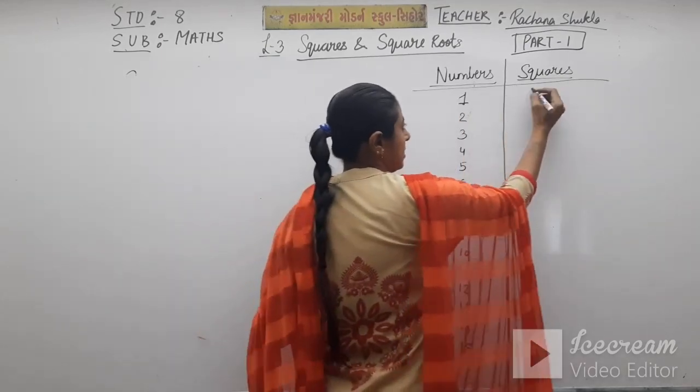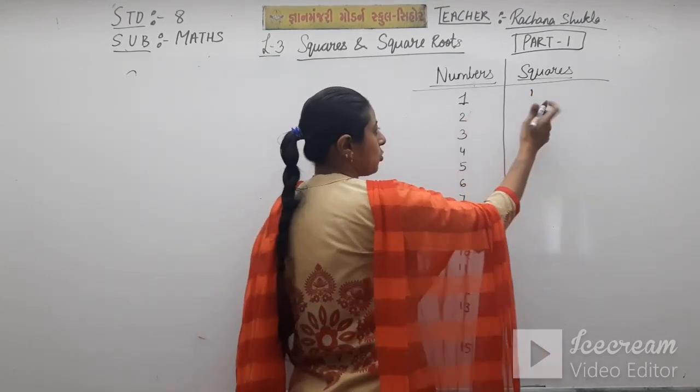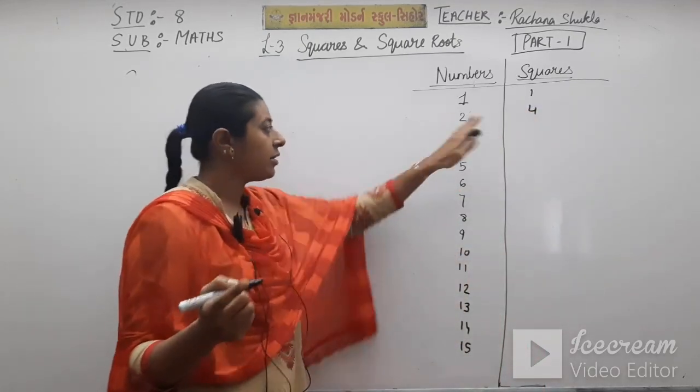The square of 1 is 1. 1 ones are 1. Square of 2 is 4. 2 twos are 4.